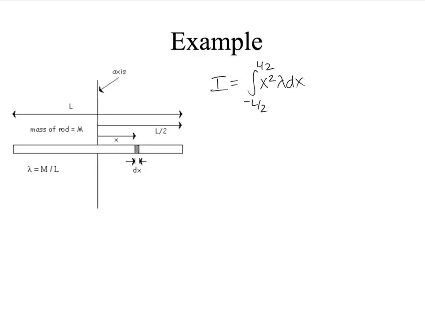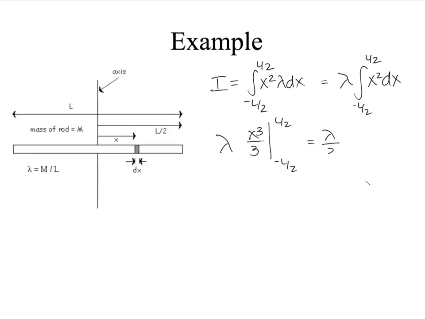So let's just try to simplify this a little bit. I can take lambda outside. I'm just integrating lambda x squared dx from minus L over 2 to L over 2. The integral of x squared dx is x cubed over 3, evaluated from minus L over 2 to L over 2. And again, just to simplify a little bit, I'm going to take the 3 outside.